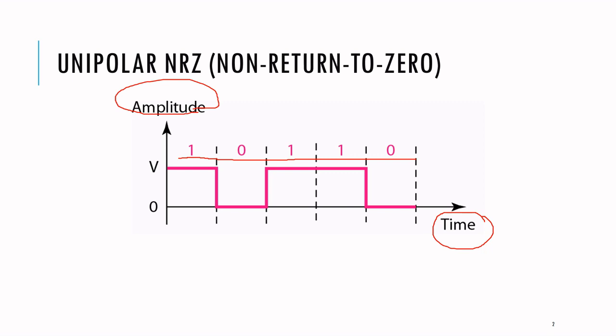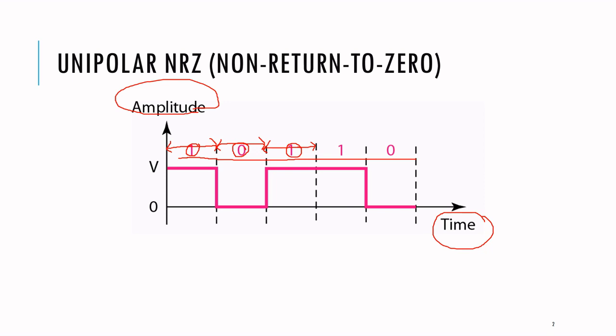So this is the time duration. So this portion is the time duration for the bit 1, and this portion is the time duration for the bit 0, and this portion is the time duration for bit 1, and so on. So you see that the bit duration for each of the bits is the same.